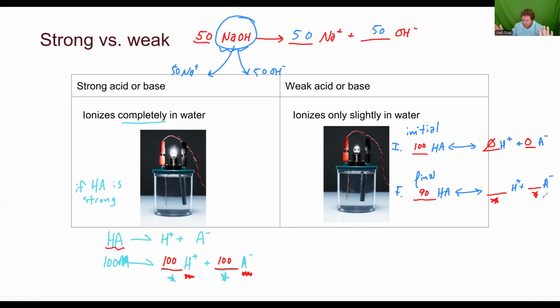Okay, now stop. It is not 45. The first thing we want to think about is that we started with 100 HAs, and after this has taken place, this is our final. Now we have 90 HAs.